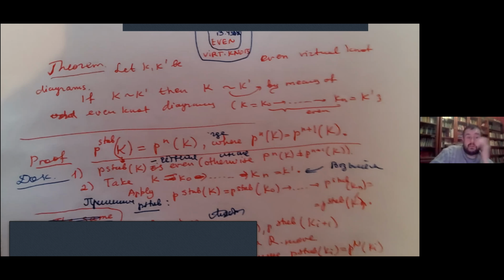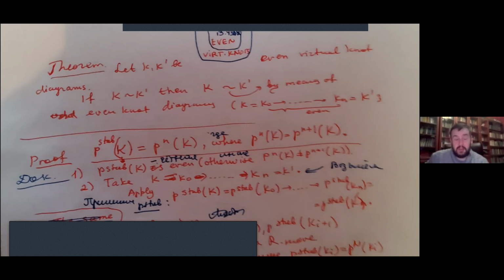Здесь нужно обратить внимание на упражнение, которое я говорил: если две диаграммы отличались движением Райдемайстера, то их проекции четности будут либо совпадать, либо отличаться движением Райдемайстера. Так что если мы берем диаграммы P от K и P от K0, скажем, и P от K1, то они будут отличаться либо движением Райдемайстера, либо совпадать.